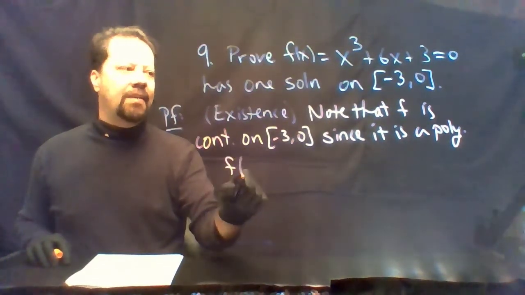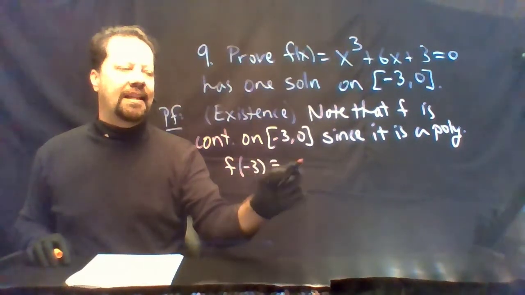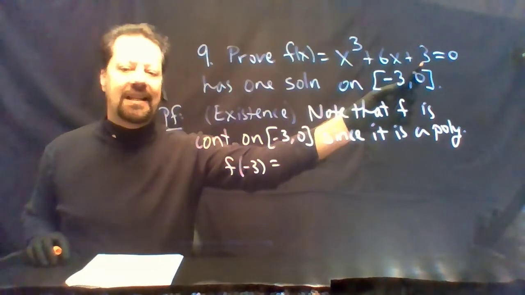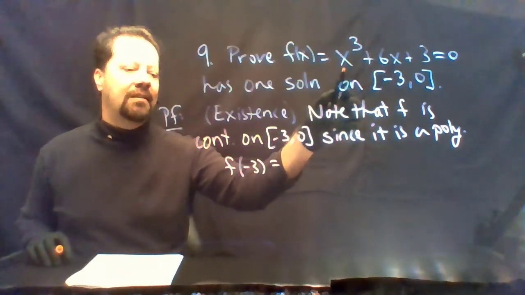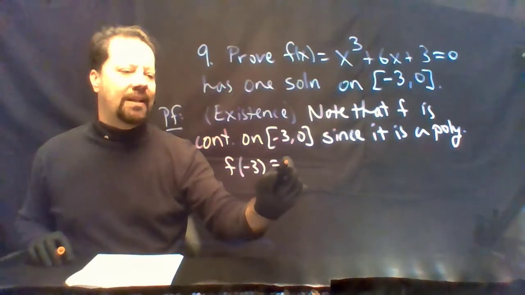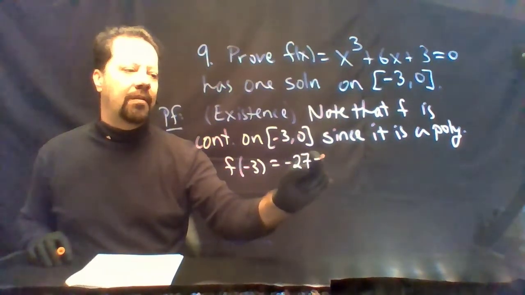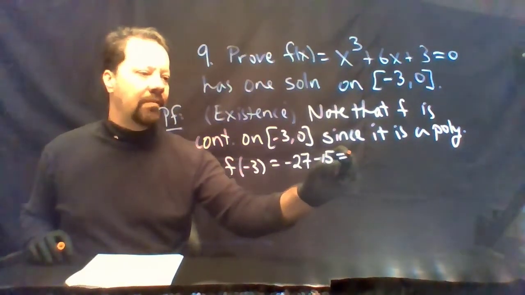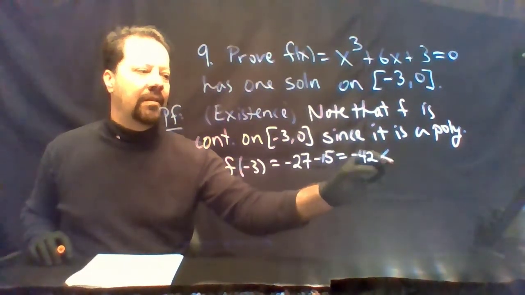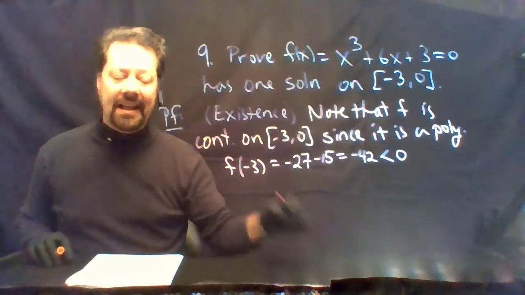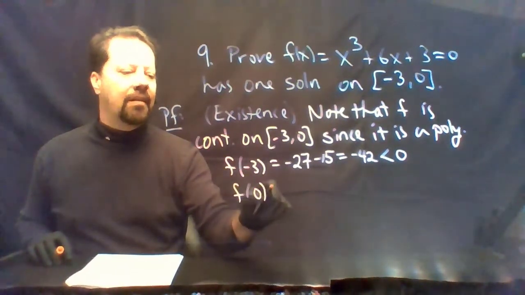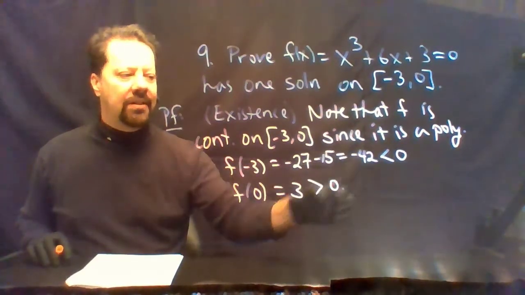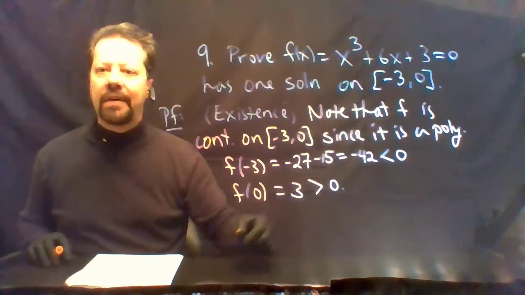Second, let's evaluate the function at the endpoints. -3 times 6 is -18, plus 3 is -15, plus -27 is -42, the salient point being that you get a negative value. F of 0 is 3, and that is positive. This means that 0 is intermediate to -42 and 3.